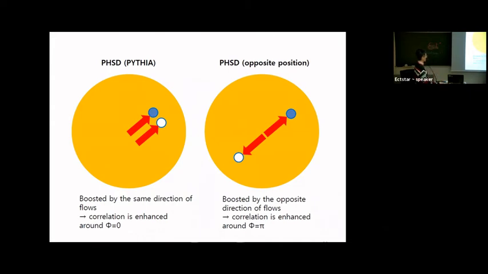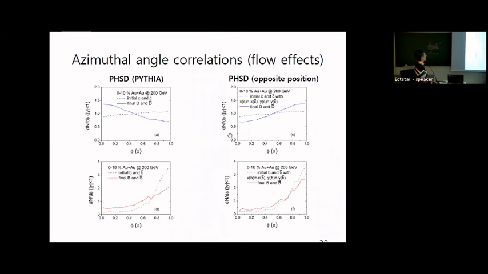So we tested this idea by placing the anti-heavy quark at the opposite position. I mean, x position of charm equals minus x position of anti-charm, and y position of charm equals minus y position of anti-charm. Then what happens? The initial correlation does not change because we change the position, not momentum. So the initial correlation is the same, but after heavy ion collisions, we obtain this new correlation, which is quite different from this one.